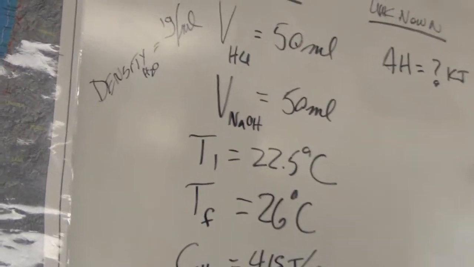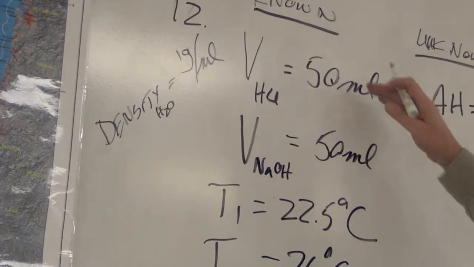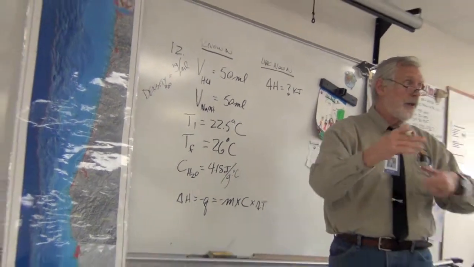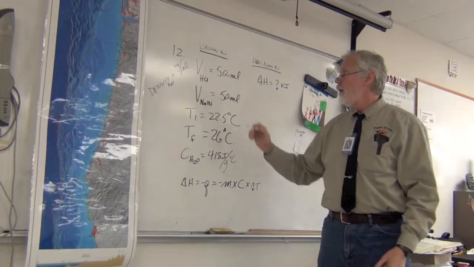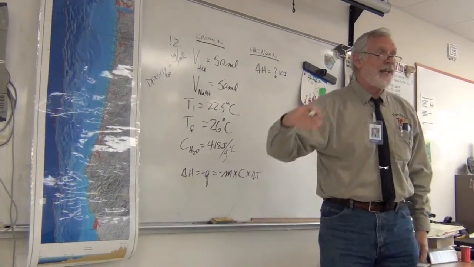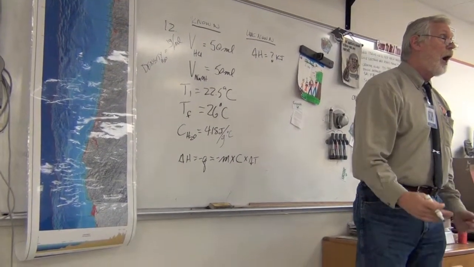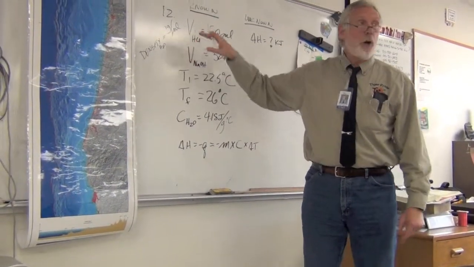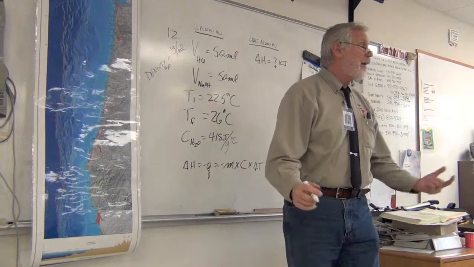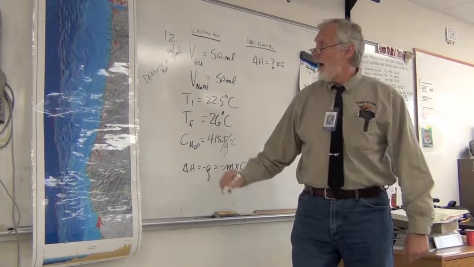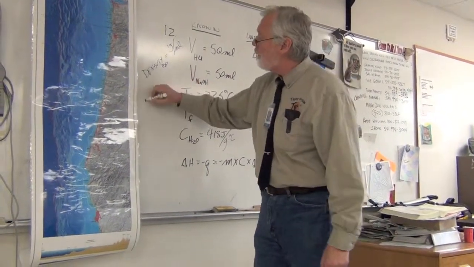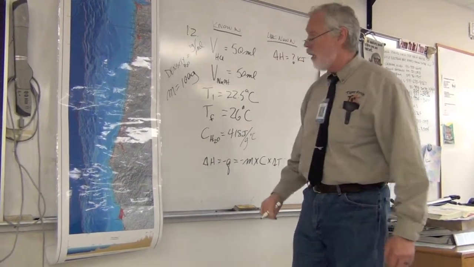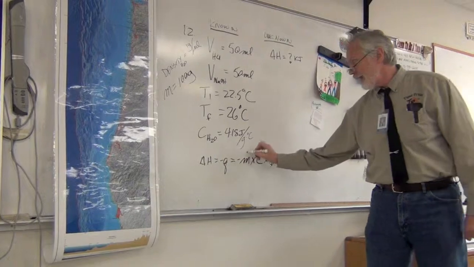If we add both these up, we're pouring them together to make this reaction go, then we got 50 plus 50 equals 100 milliliters. And at 1 gram per milliliter, the mass here is 100 grams of water, right? So we got that one done.